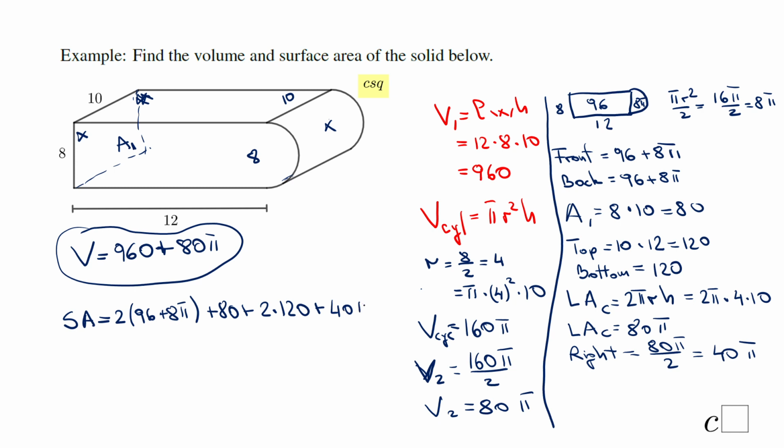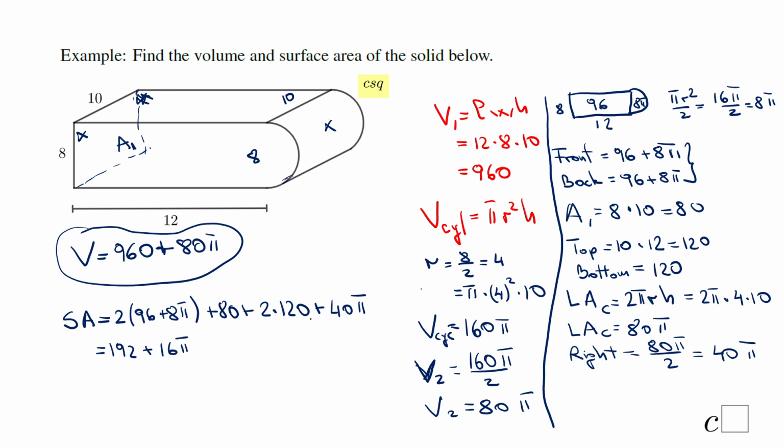I'm going to do just some simplification here, since we can. Distributive property, or you could have added these two guys, so 96 plus 96, 192, plus 8 pi times 2, 16 pi.